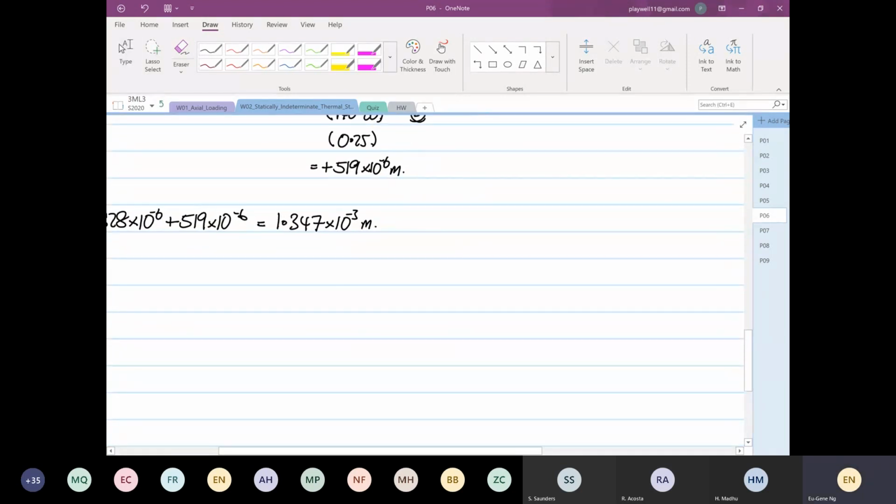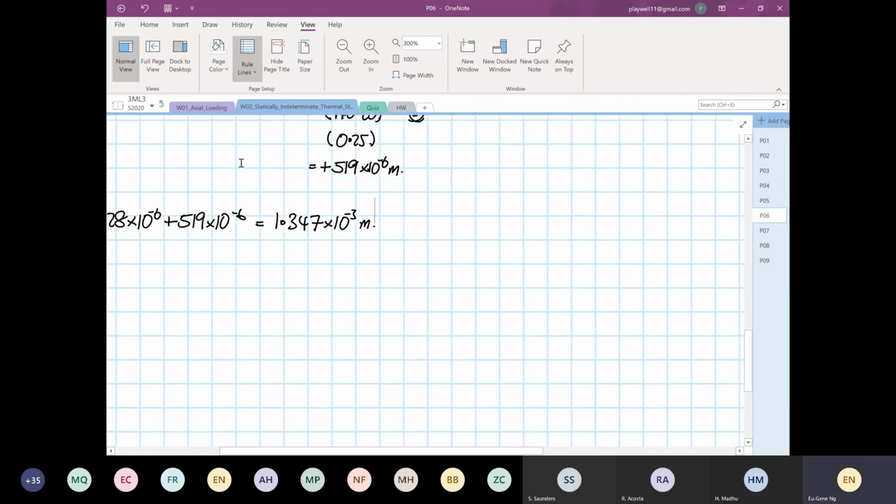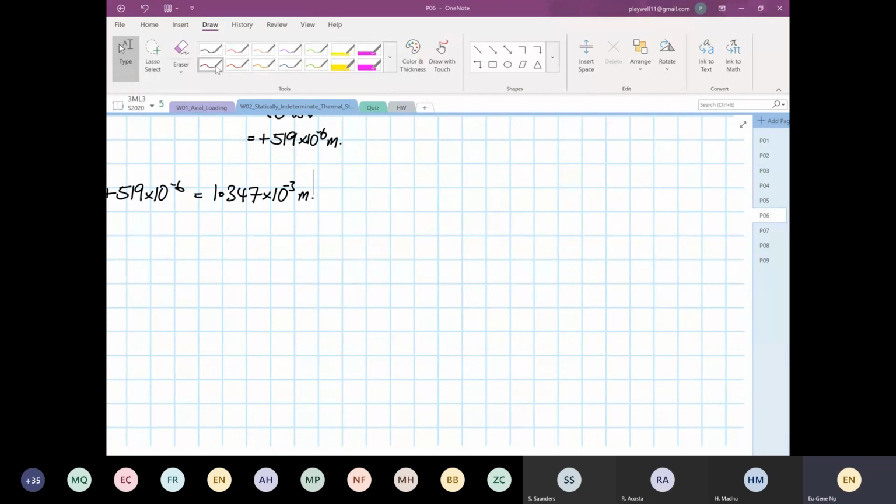Right. So I'm going to draw a graph to explain. Yeah, I never thought about using graph to explain, and I think that's a good idea. So now we have our axis. So this is 0.